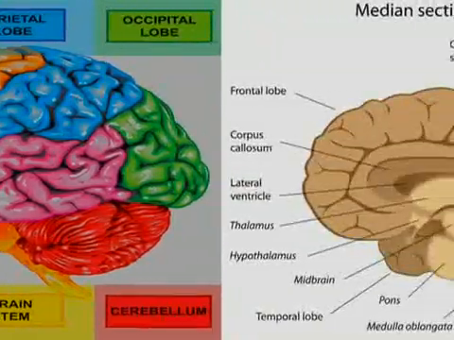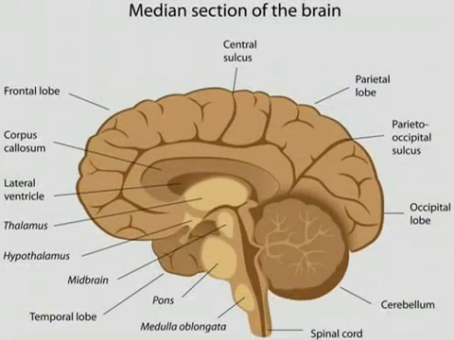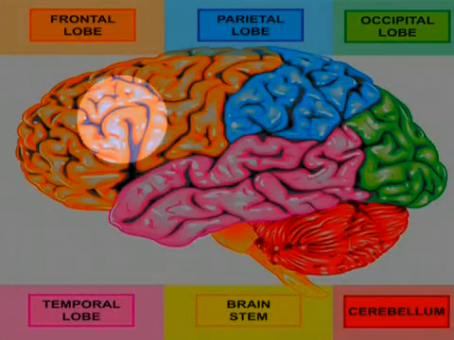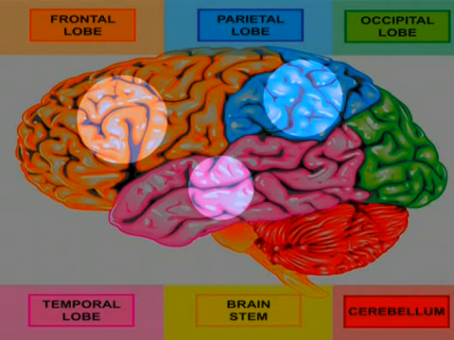Now it has two sulci called the central sulcus and the lateral sulcus, which divide the cerebrum into a frontal area, a parietal area, a temporal area, and an occipital area.